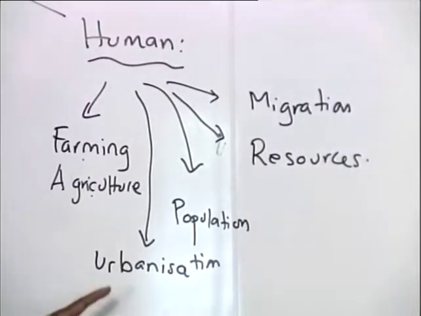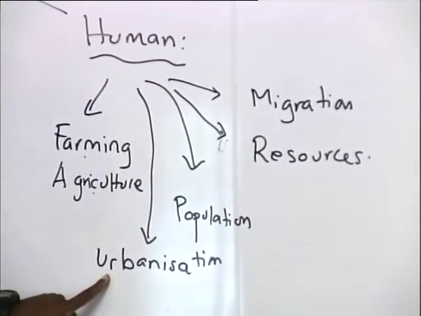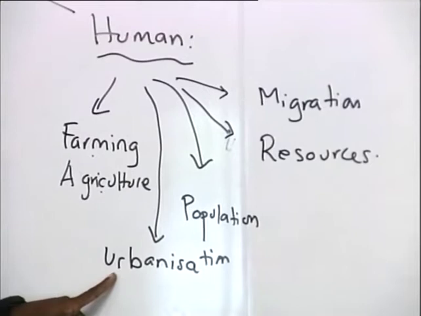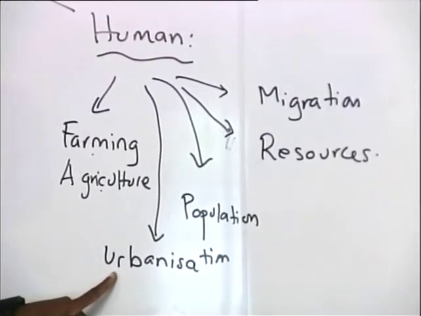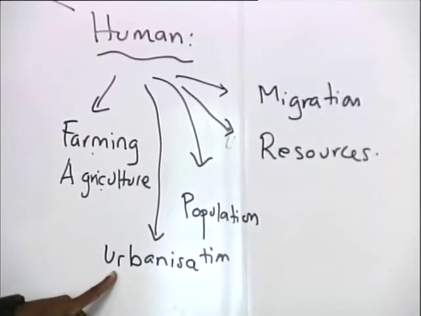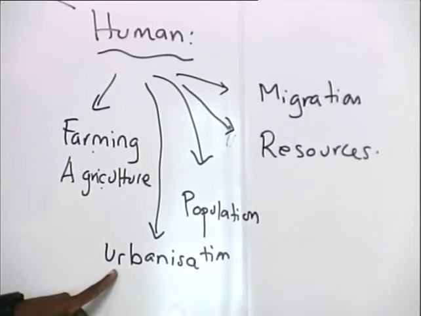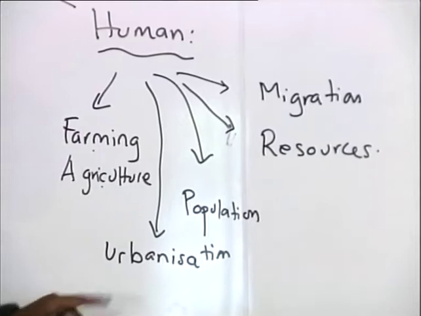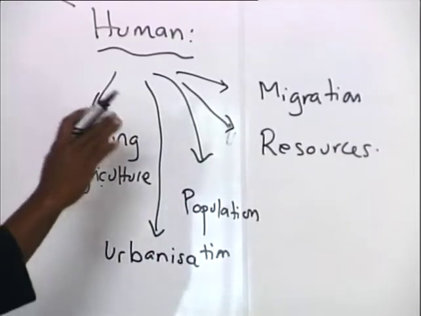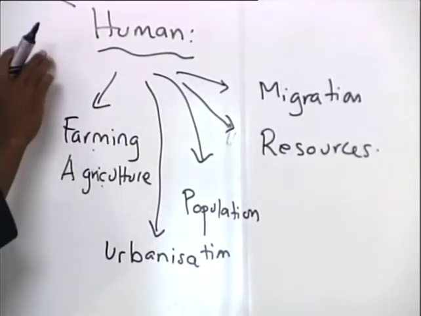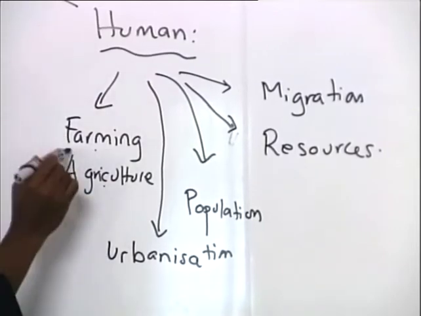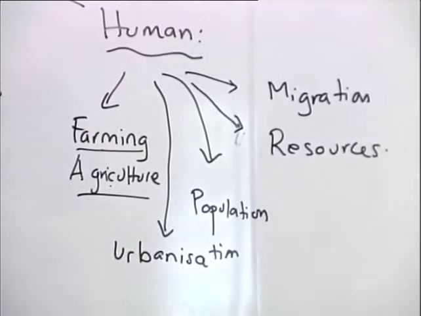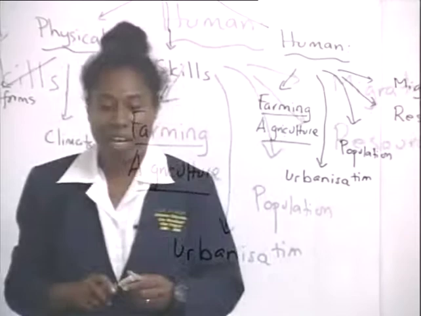For urbanization, we are looking at towns and cities, or the growth of towns and cities. What are some of the problems that are experienced in towns and cities? What are the advantages and disadvantages of living in towns and cities? These are some of the subtopics that we will be looking at under human geography. So we're going to look at farming and agriculture now for the work on land use in Java.